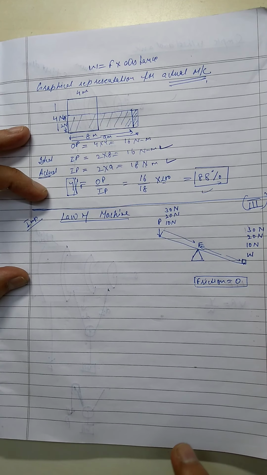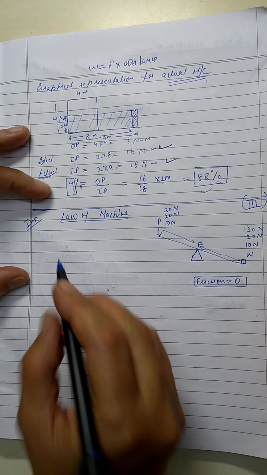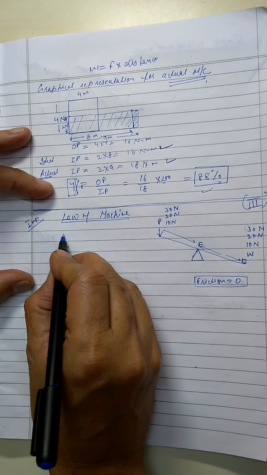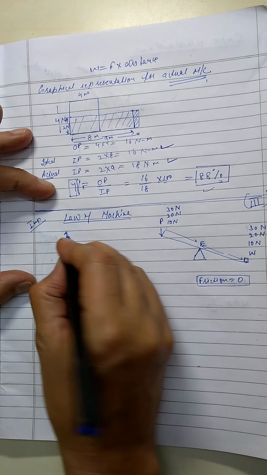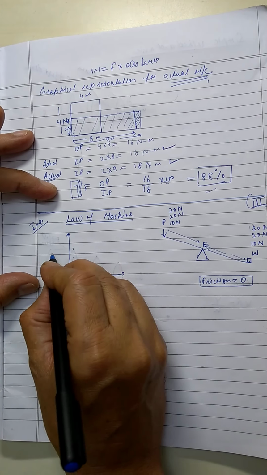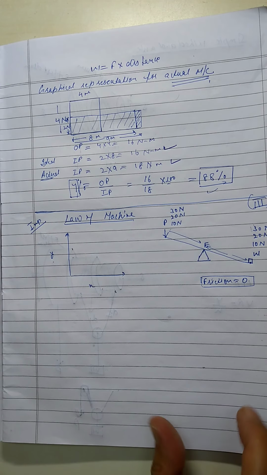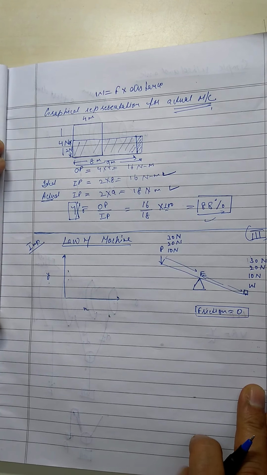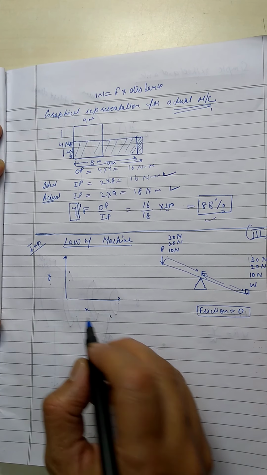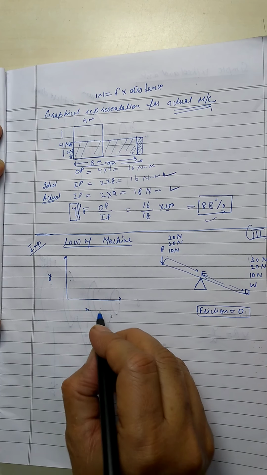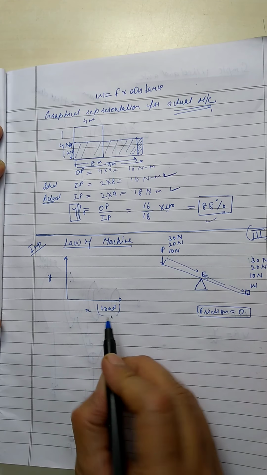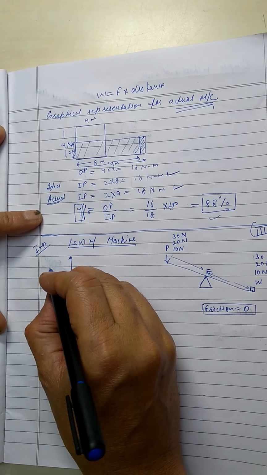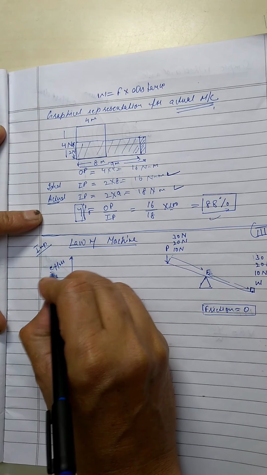Now suppose we draw a graph between effort and load. Suppose this is the y-axis and this is the x-axis. Sorry, this axis represents the load and this axis represents the effort.